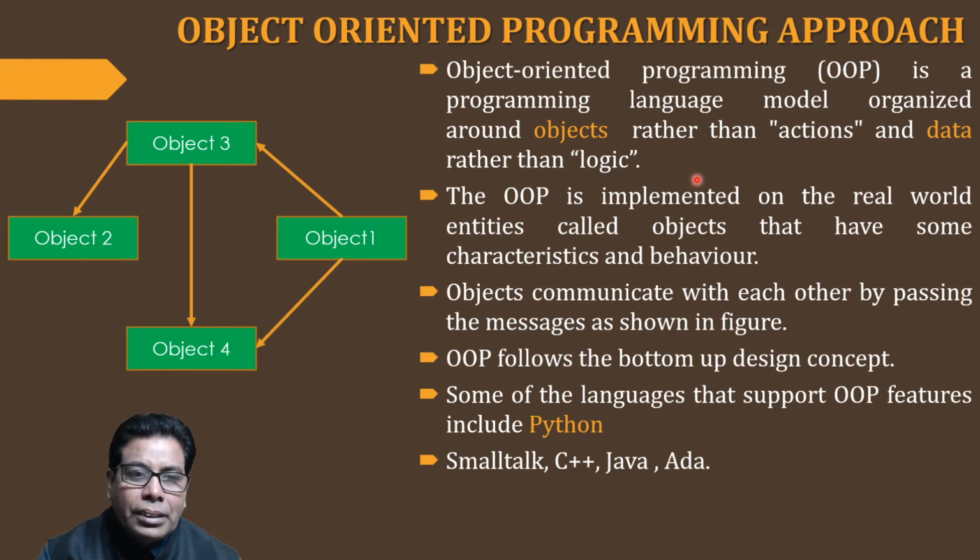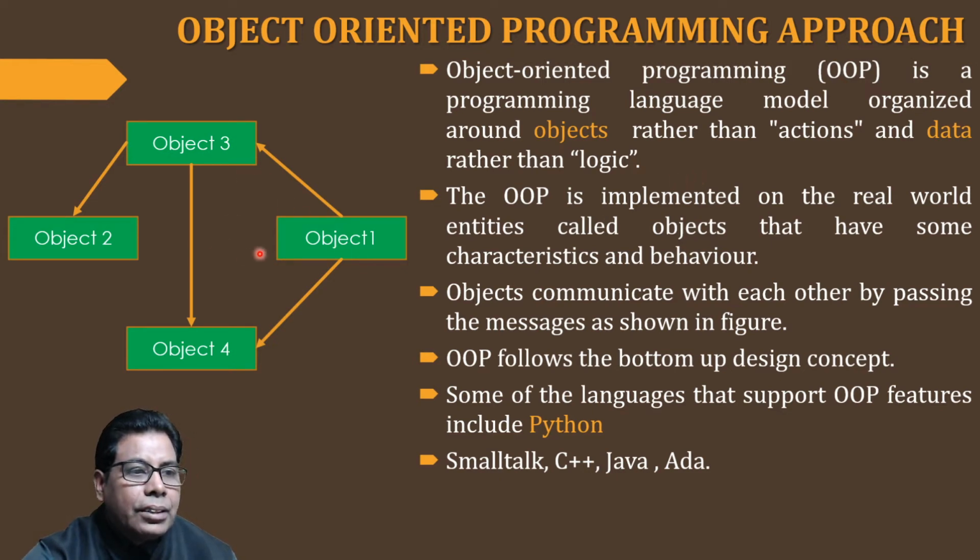And objects are nothing but real world entities that have some characteristics and behavior, and they are the instances of the classes. So objects communicate with each other by passing messages, as shown in this figure.